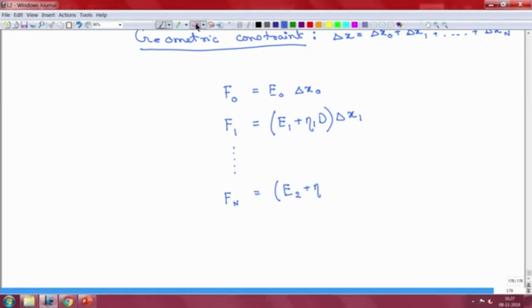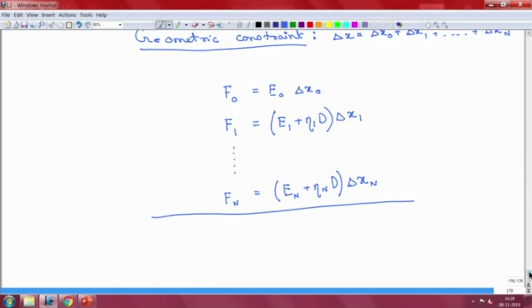Sorry, the subscript here would be capital N, d delta x capital N. So, this is all the different equations that are there.